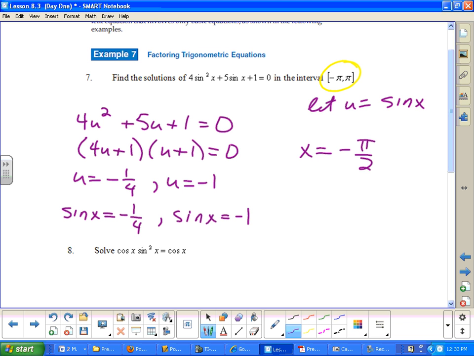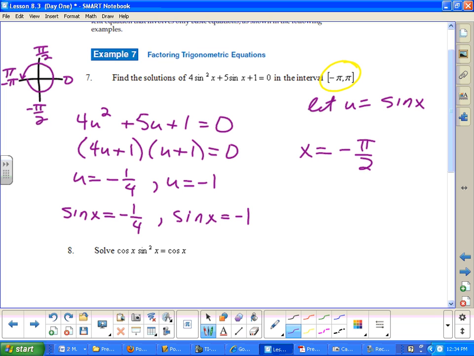Now remember that what this is encompassing is the fact that we're looking at the region that starts here and comes back around to there. So we're at negative pi here, negative pi over 2, 0, pi over 2, and positive pi back over here. So in that region also, when does sine equal negative 1/4?